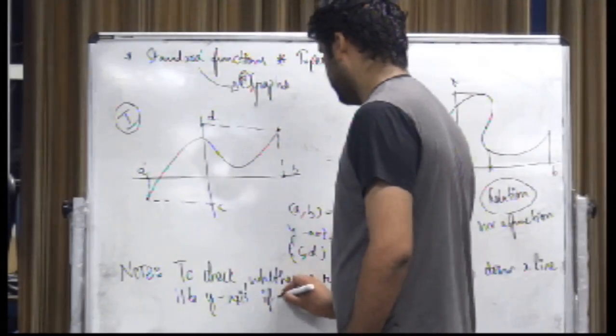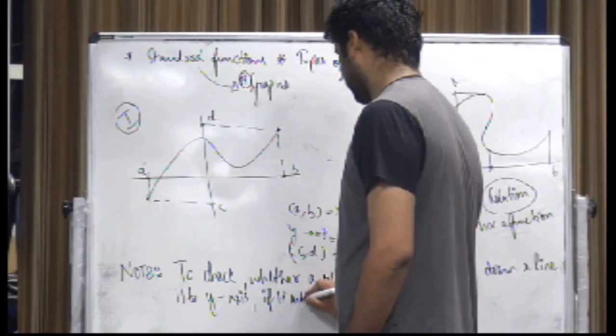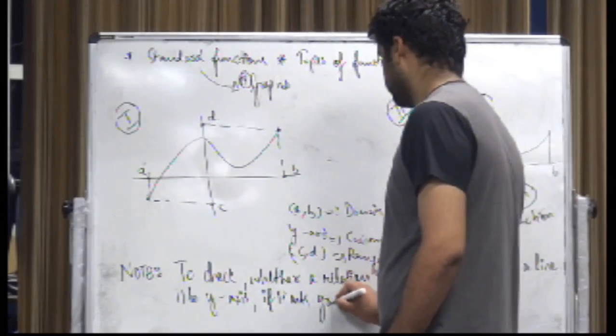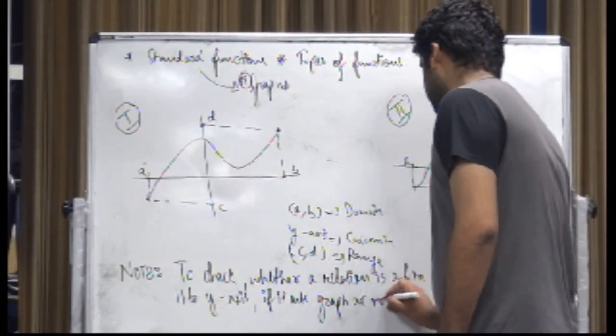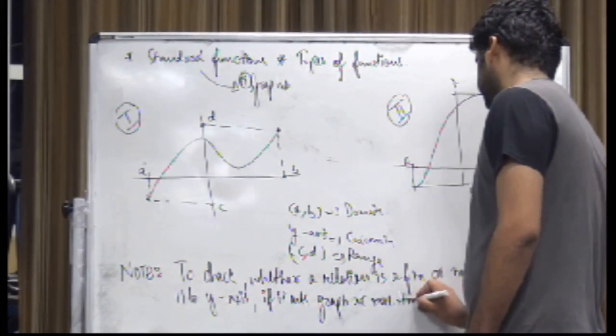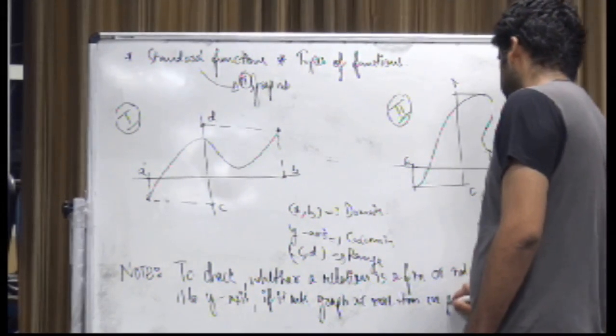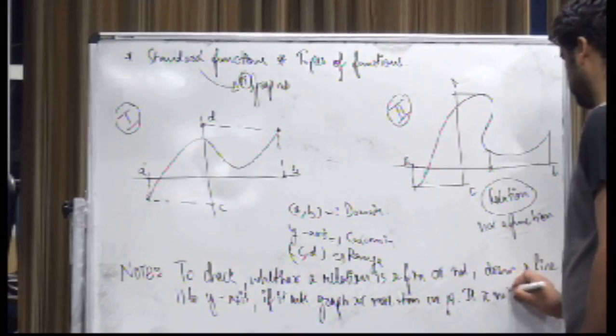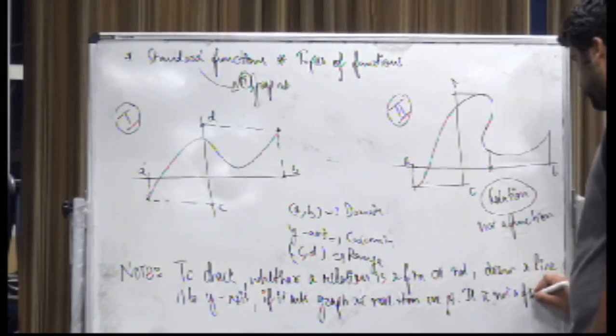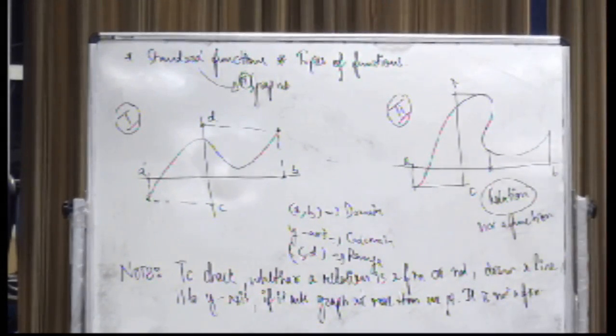If it cuts the graph at more than one point, it is not a function. Understood?